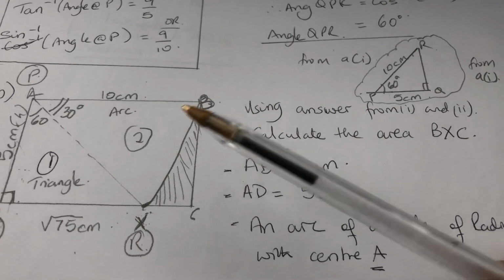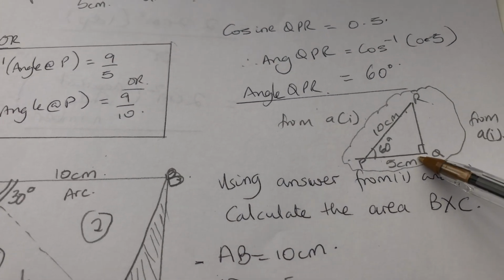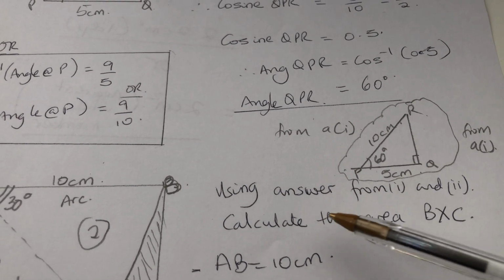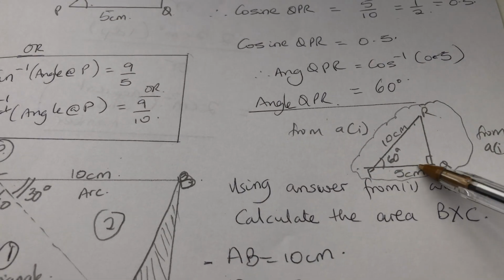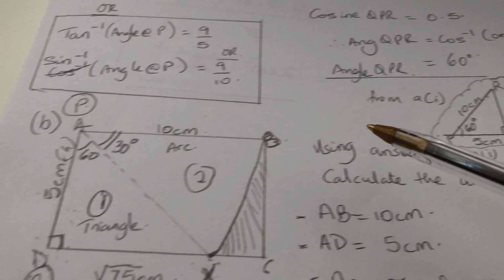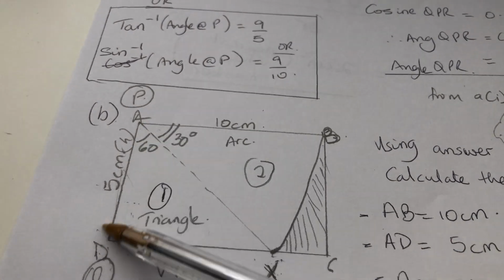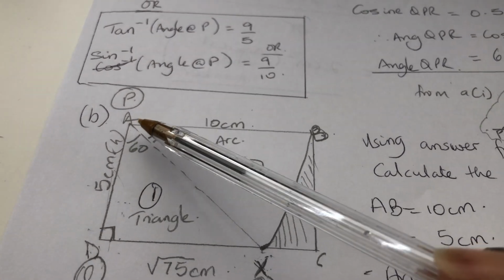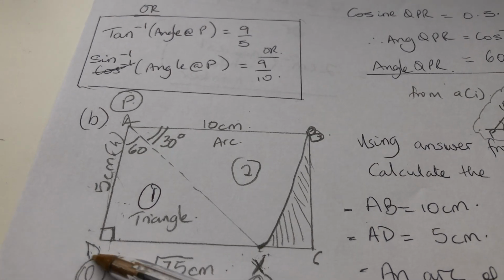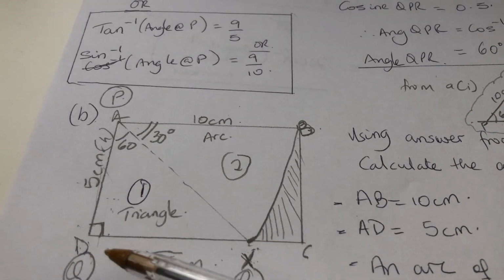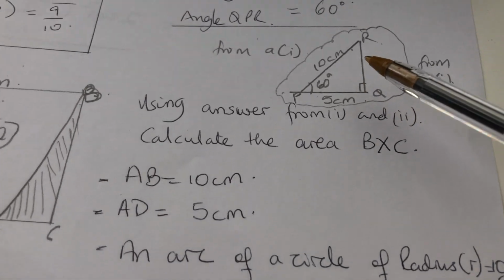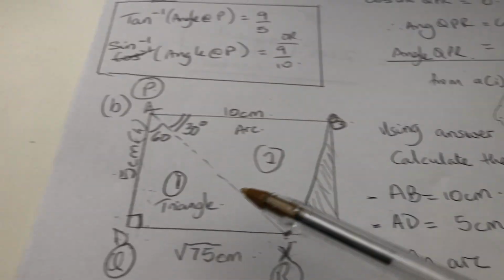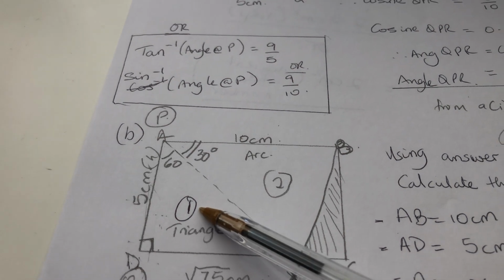Look at this triangle carefully. If you invert it, you keep it upright. This BQ is 5 centimeters, which is this side. So even though they've given A, B, C, D, I've come to fit this triangle in this diagram here.